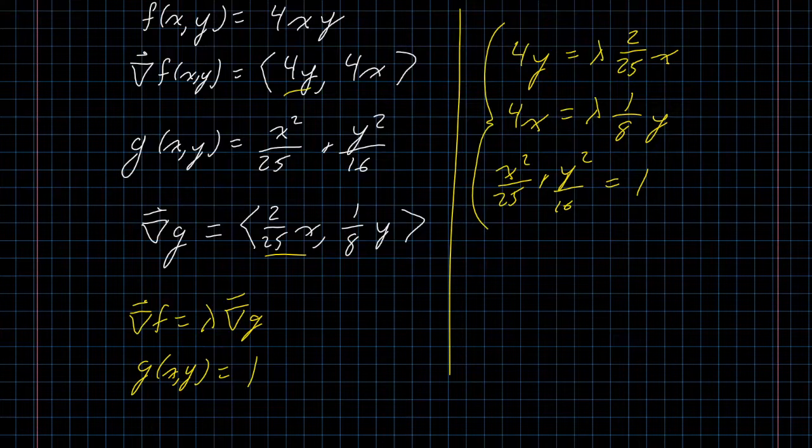In fact, because of that, my usual approach from this point is to solve each of these equations that have a lambda for lambda, and then set them equal to each other and go from there. Right. I'm running low on space, so let me copy this system to somewhere that I can actually work with it.